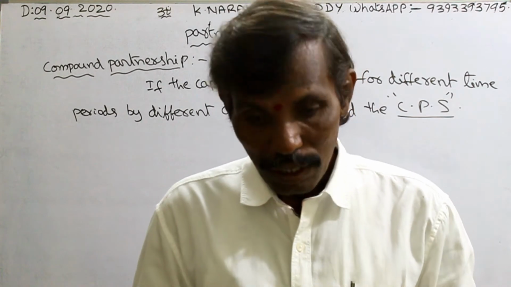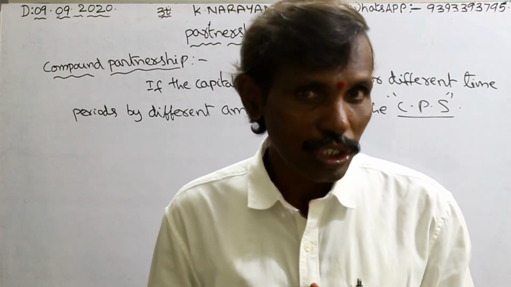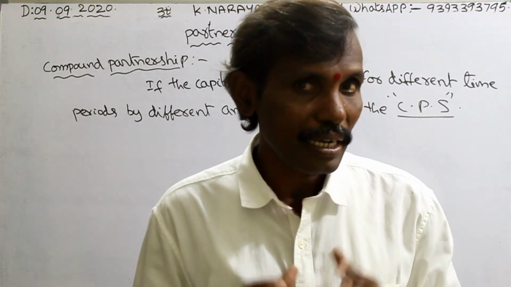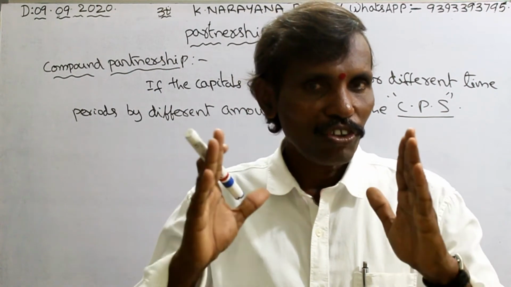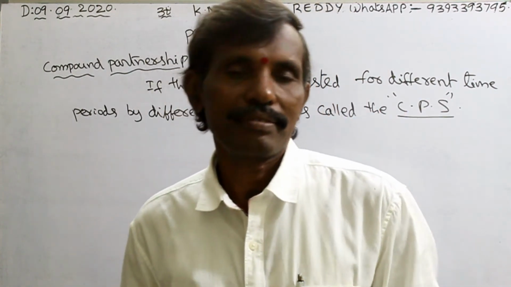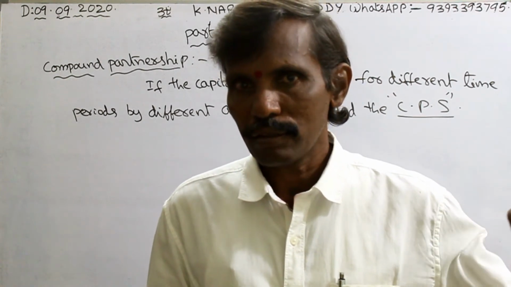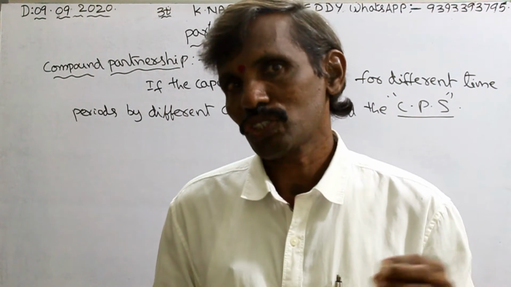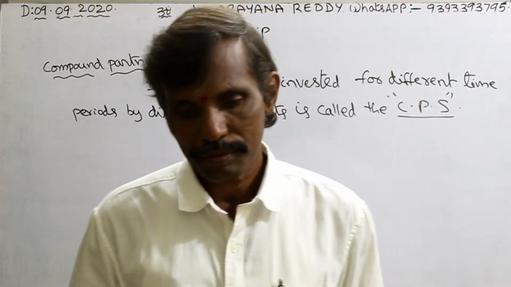But profits are also divided among those persons depending on their investments, depending on their capitals. Suppose a person invests 100 rupees, for example. Profit or loss also depends on that 100 rupees only. Some person may invest 1000 rupees.